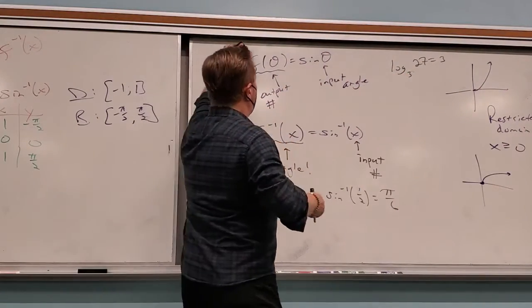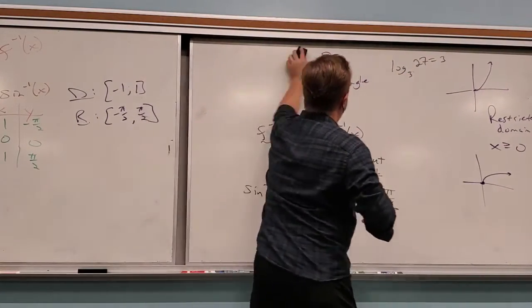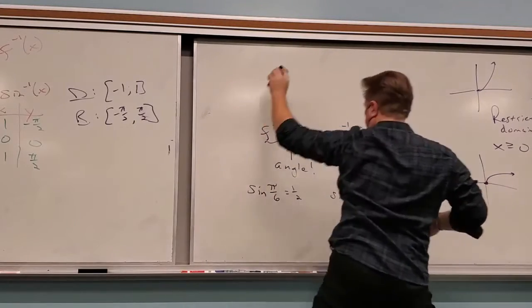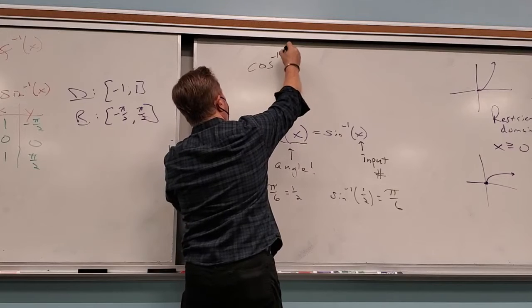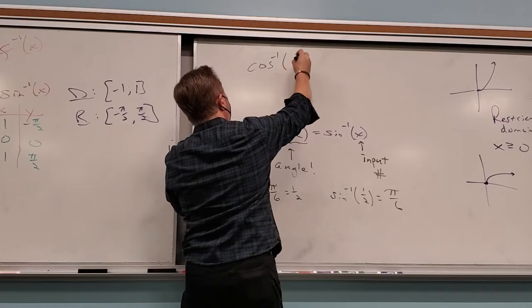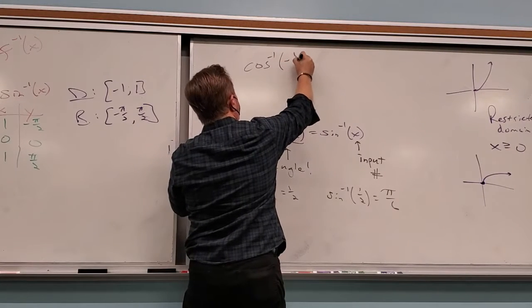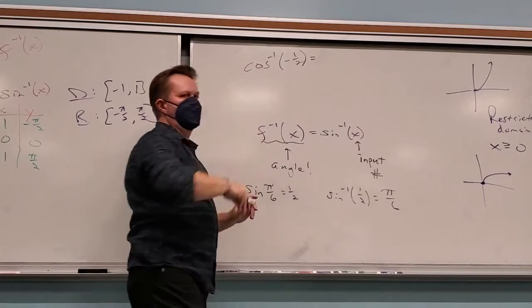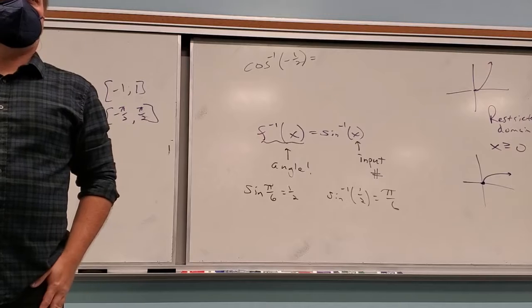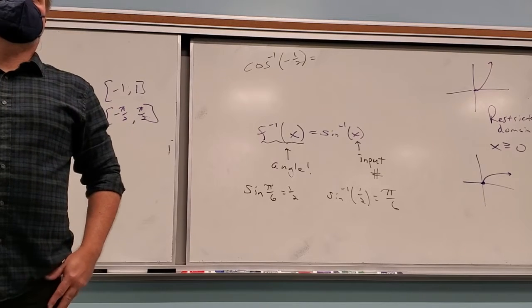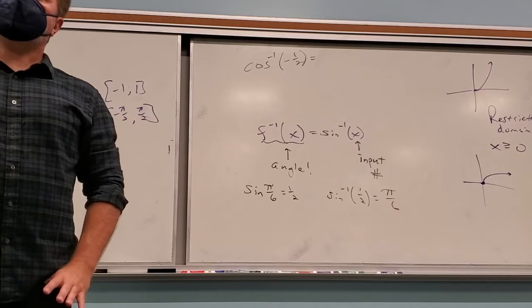So, even though we haven't really discussed it yet, we've got to discuss it immediately, but let me just throw this at you. What is the inverse cosine of negative 1/2? Not quite. That doesn't give you negative 1/2, does it?